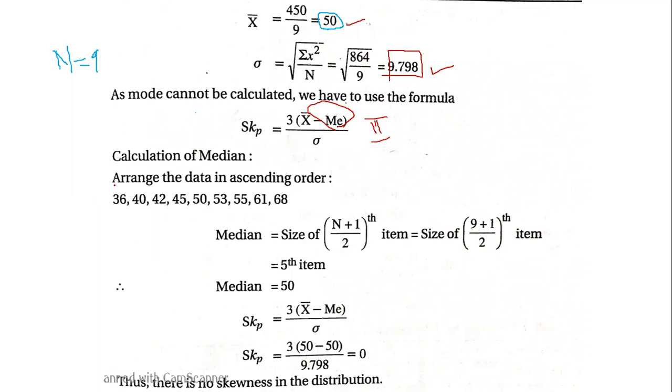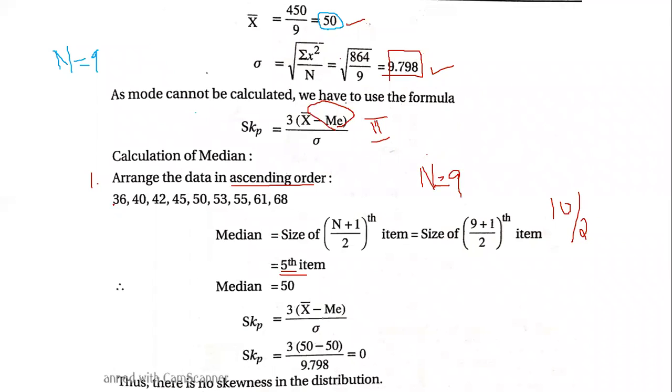The first step in calculation of median is arranging the data in ascending order. So whatever data we had, the x values are arranged in ascending order. Now let us solve the median. The simple way of solving median is the formula: the (n plus 1) by 2 th item. Here n is 9 for us. So 9 plus 1 by 2, which is 10 by 2, which is nothing but the 5th item.